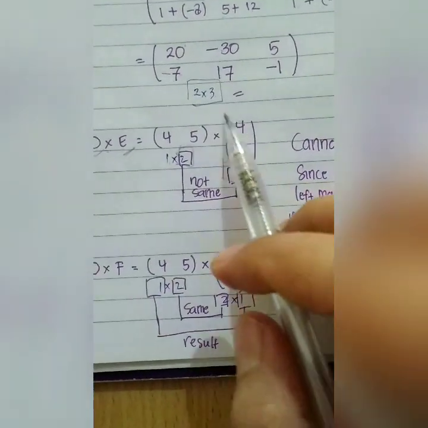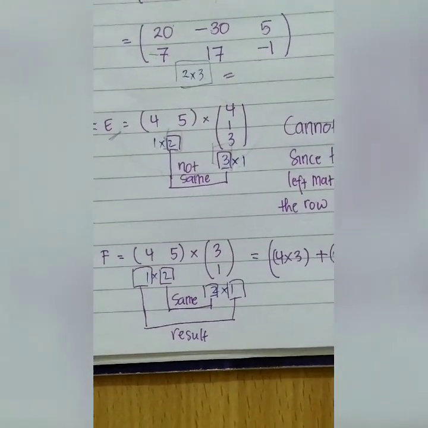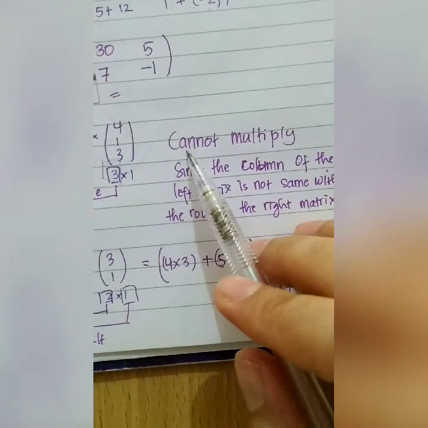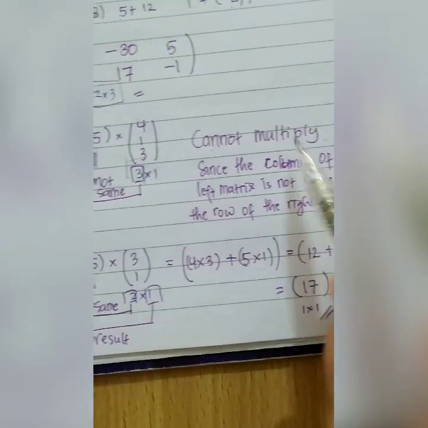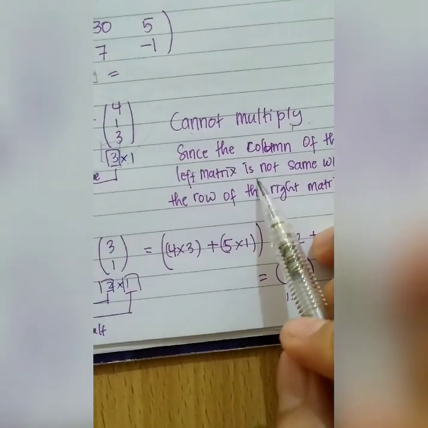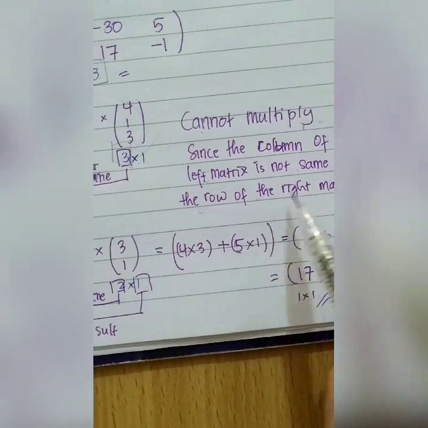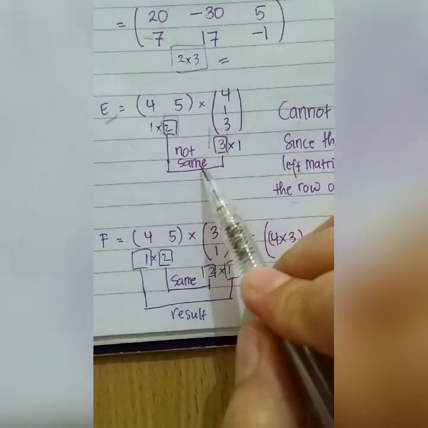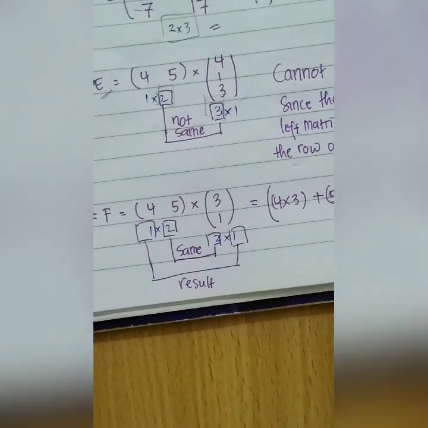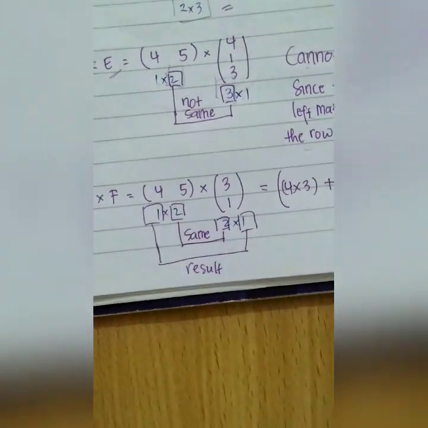If you face such a multiplication, you may state your answer like, we cannot multiply since the column of the left matrix is not the same as the row of the right matrix. So you prove that it cannot be multiplied because they didn't fulfill the requirements.